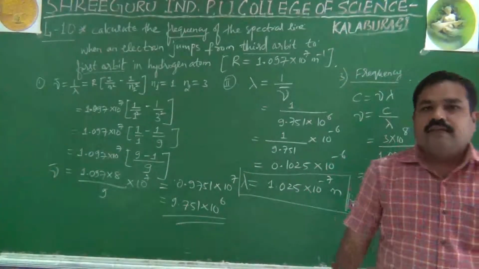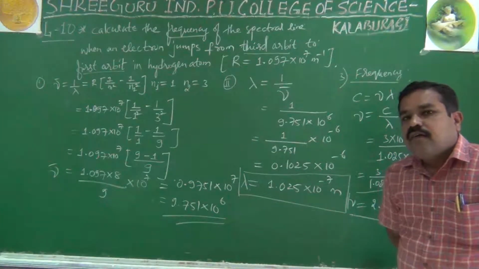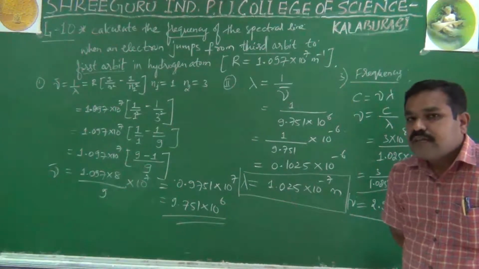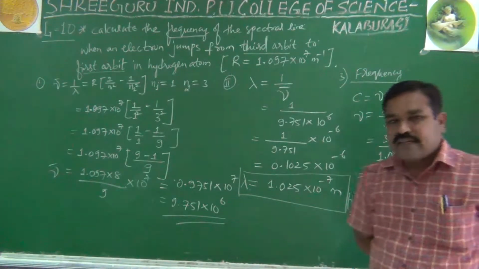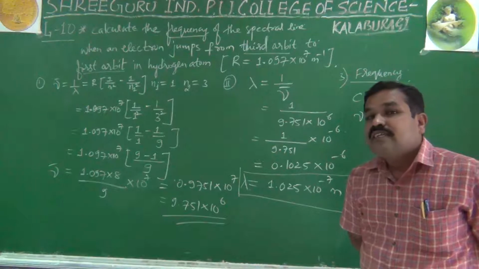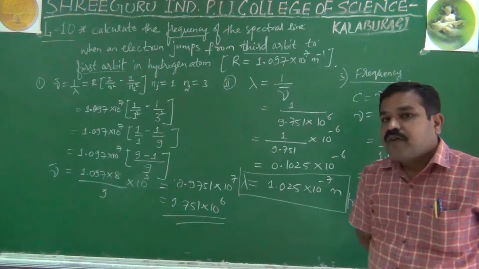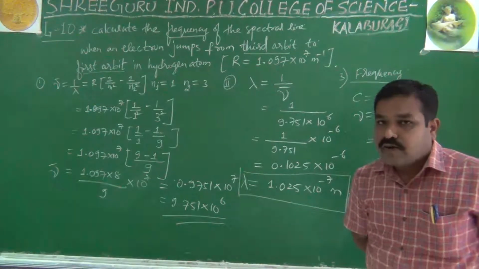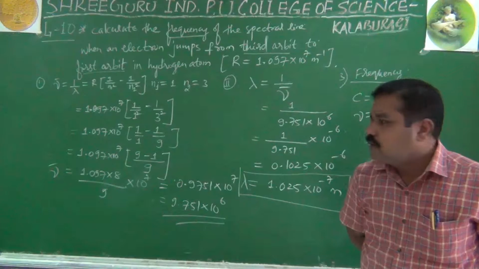Like this, for spectral series, they may ask you any series. It may be the Lyman series, Balmer series, Paschen series, Brackett series, or Pfund series. Right, students? So we have covered all the varieties. First, how to calculate wave number, I told you in the first numerical.